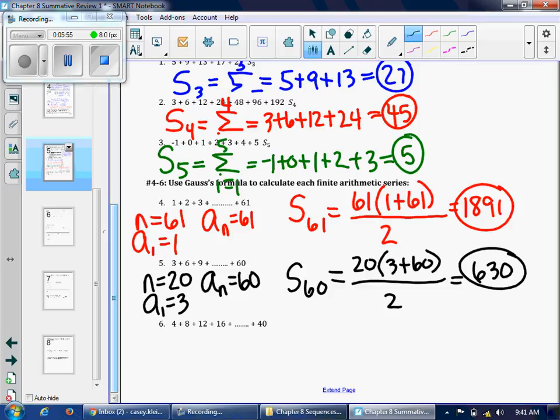I'll go ahead and do number 6, which is very similar to number 5. We're going in chunks of 4. So if you're going from 4, 8, 12, 16, all the way up to 40, how many numbers are there? n will be 10. A1 is going to be 4, and the last term is going to be 40, and then you can set up your formula and add them up.